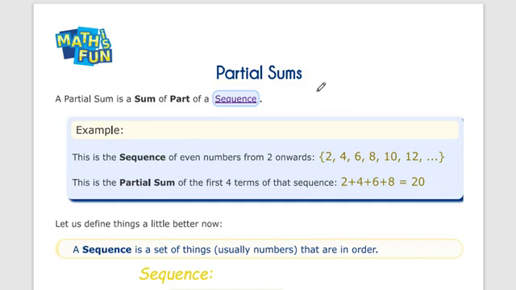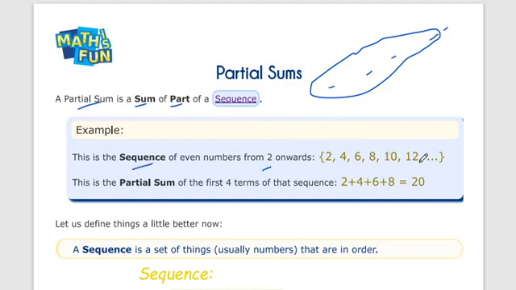A partial sum is a sum of part of the sequence. If it were the whole sequence, it would be the summation of the whole sequence, but a partial sum is the summation of one part. Here you can see a sequence of even numbers.